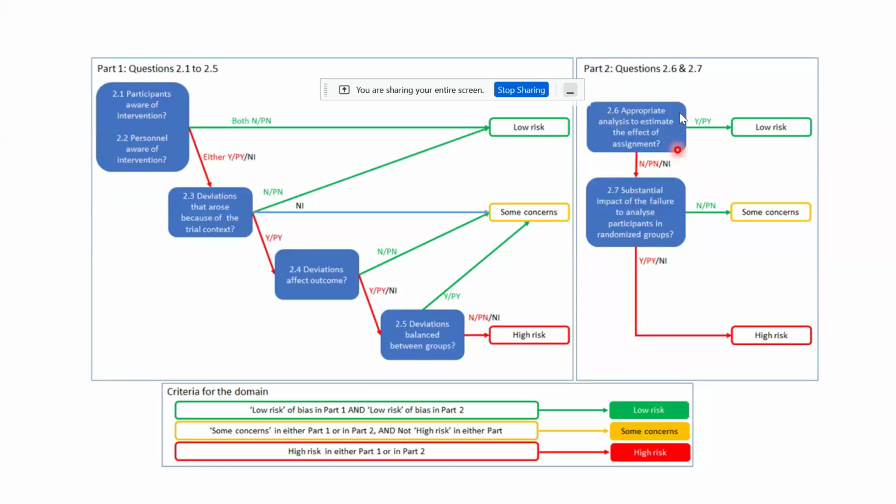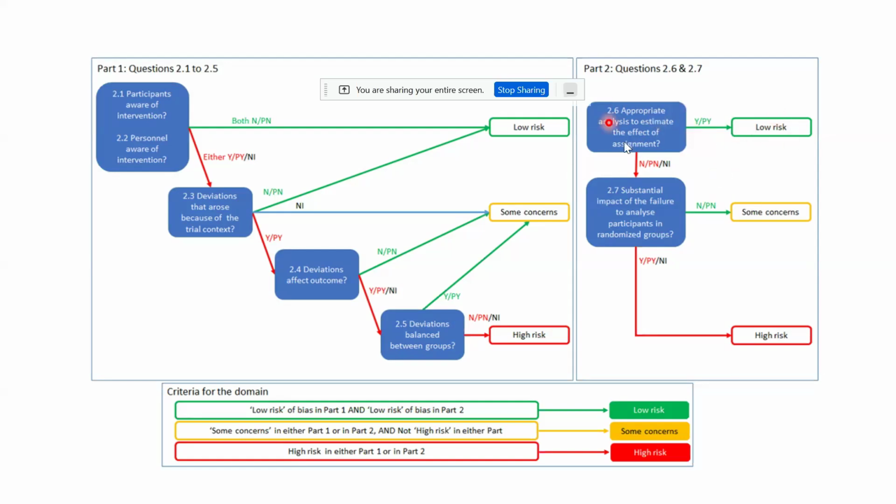The appropriate analysis will be intention to treat analysis or modified intention to treat analysis. Only if the analysis has been done in ITT, that is intention to treat analysis, or modified intention to treat analysis, will it be classified as low risk.